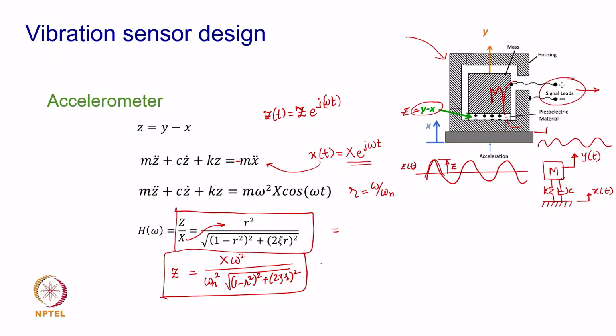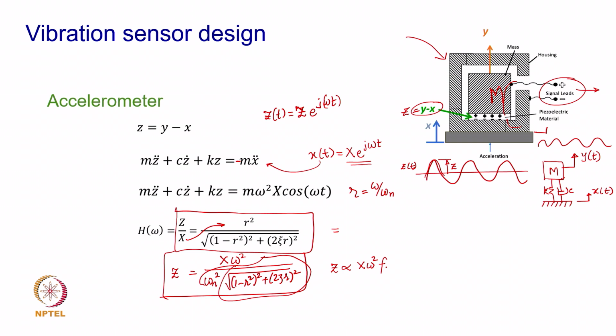So, we can say the compression is proportional to x omega square, and then the denominator is captured in a factor f. We can keep omega n out, but because this part is going to change with the frequency, I am going to write this as f, and of course, you can divide it by a scaling factor of omega n square.